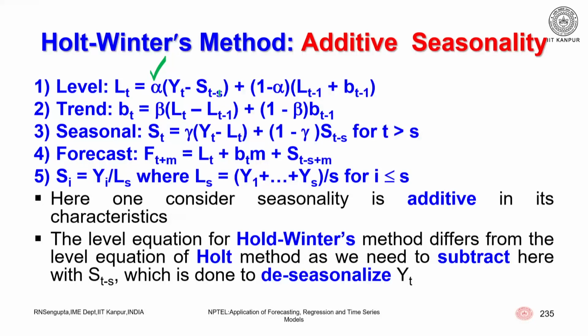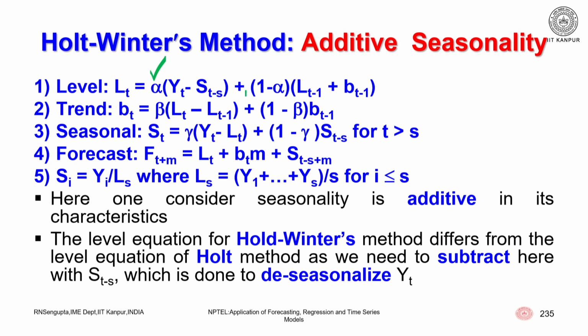This cycle I am using is not the concept of cyclicity; it is the cycle of seasonality. So t minus s, which you see in the suffix of capital S, means how many time periods I have to go back to bring in the factor of seasonality, which is given by capital S.